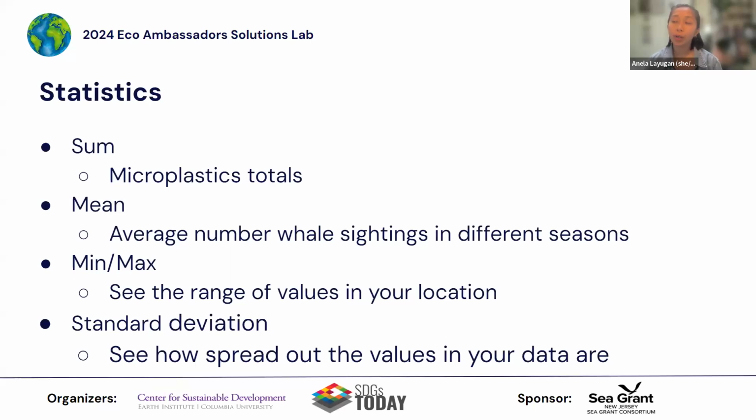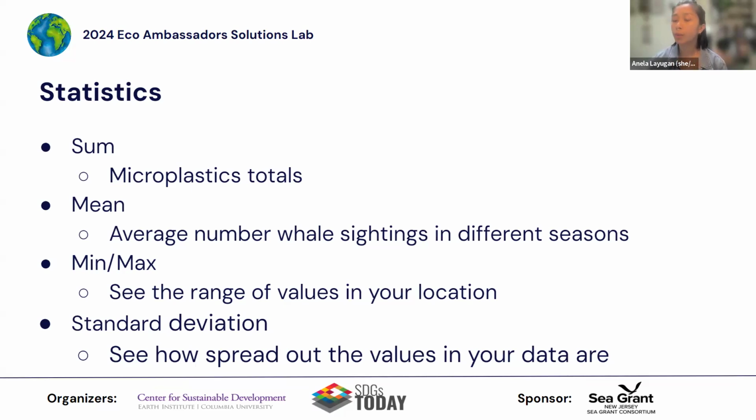For the sum, for example, if you want to see an area and look at the sum of the microplastics that have been collected there, you can do that with some general statistics on your data set. You can also look at the average of the data points within your data set.